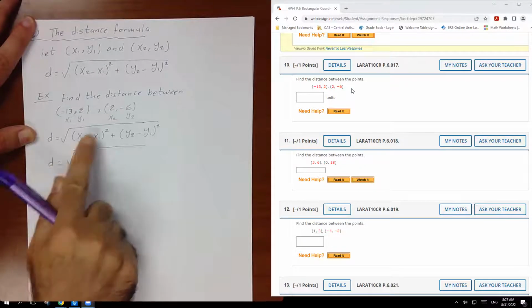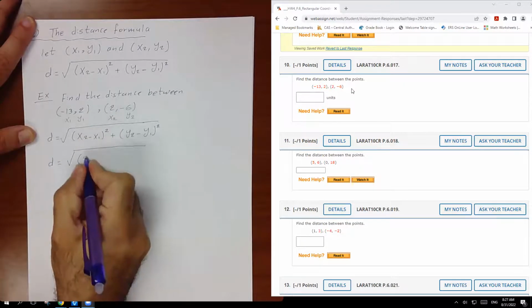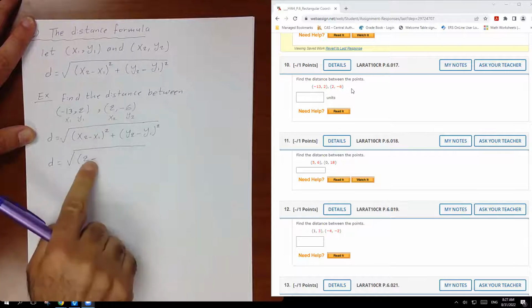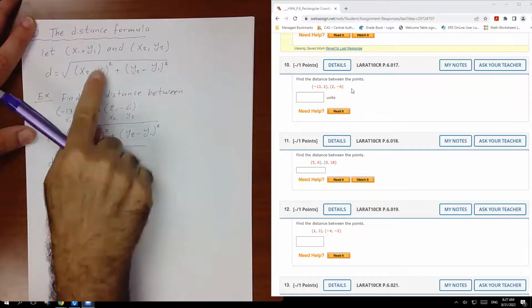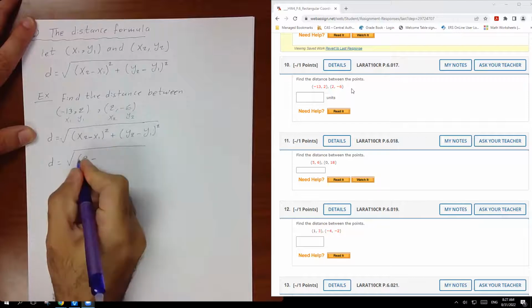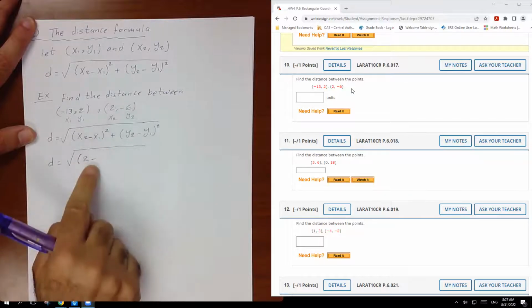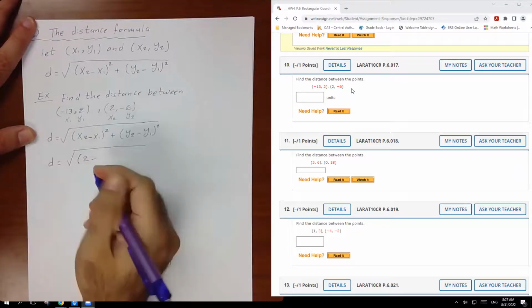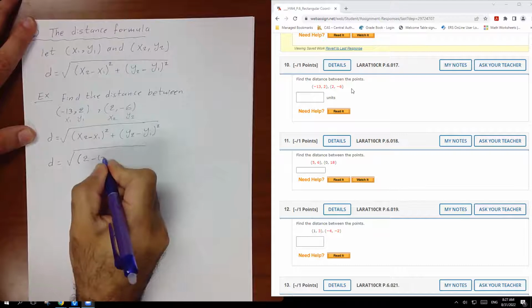The distance is going to be x2, which is 2, minus x1, which is negative 13.